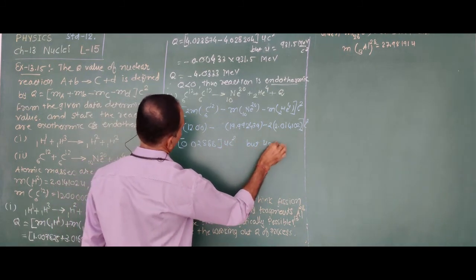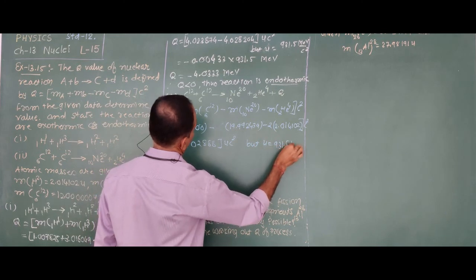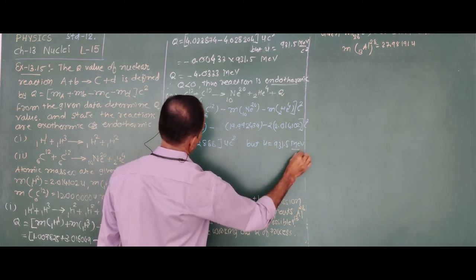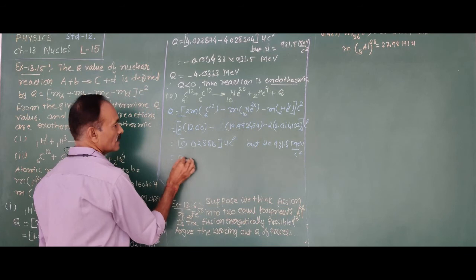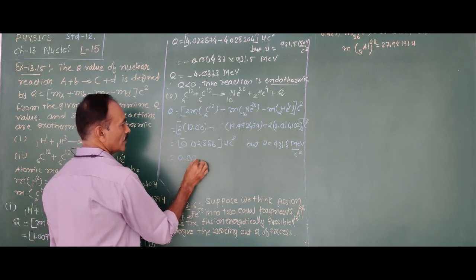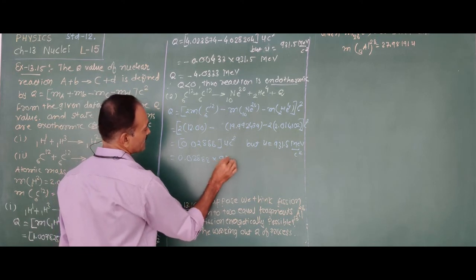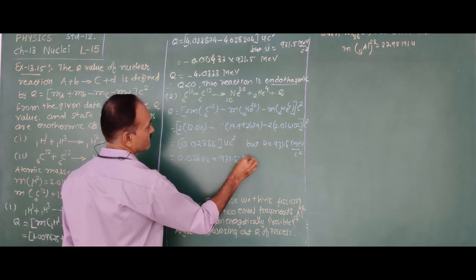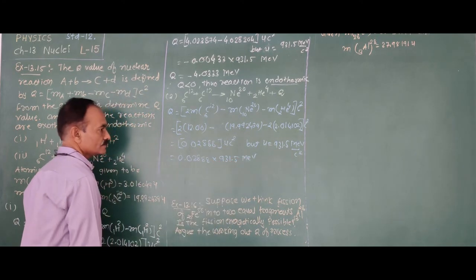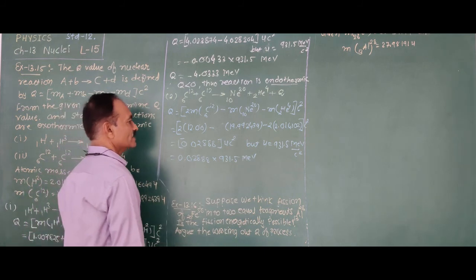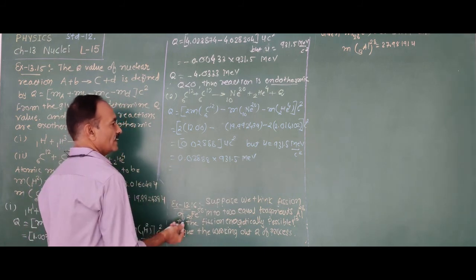But U is equal to 931.5 MeV upon C square. Therefore, 0.02888 into 931.5 MeV.